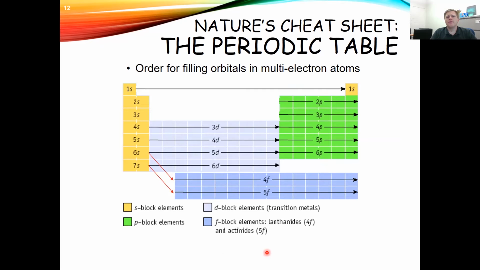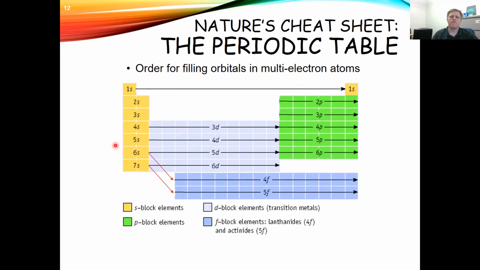All right, now as we start to fill our orbitals, it's really useful if you can figure out how to use the periodic table as a cheat sheet for this. So the periodic table looks like this, right? Though on here, I'm just showing the orbitals in each region rather than the elements themselves.